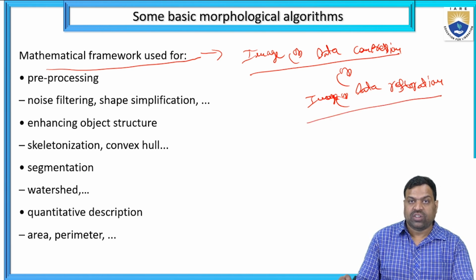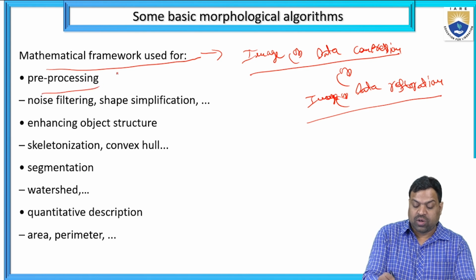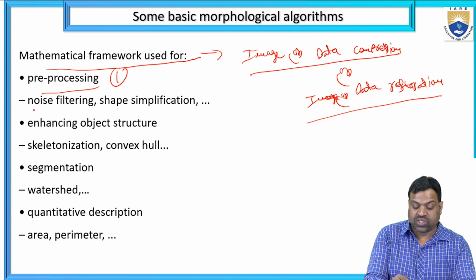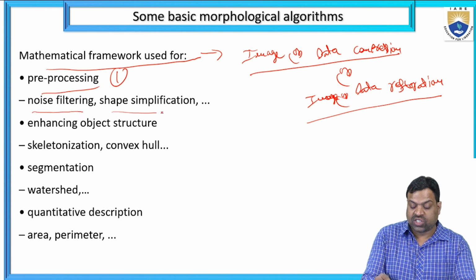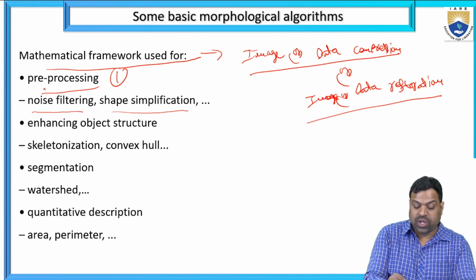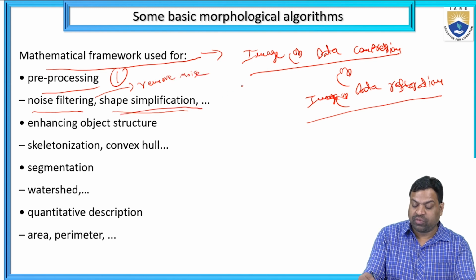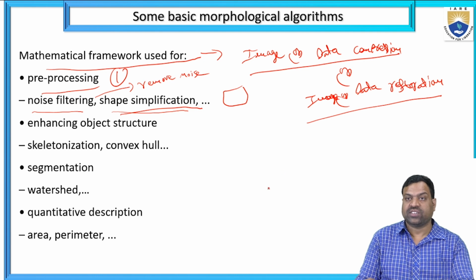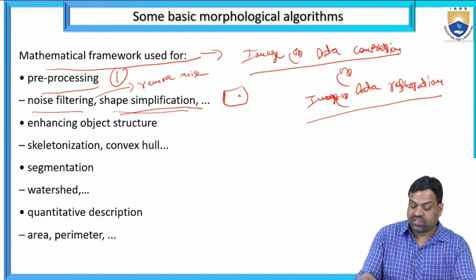So the first one is pre-processing. What are the sub points in pre-processing? Noise filtering and shape simplification. Pre-processing is nothing but noise filtering, removing the noise, and shape simplification, borders and edges.